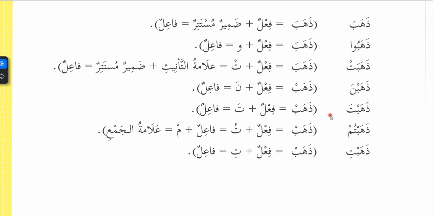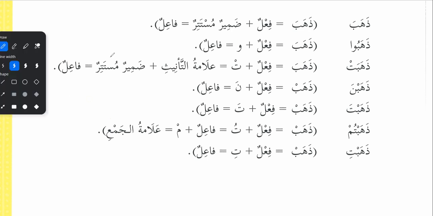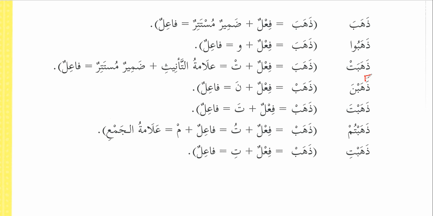As I told you, if you put the formula of jumla failure here, we have the fail and nunun niswa is the fail. So your formula of jumla failure is complete. You have a complete jumla failure. So this is what they are trying to explain here, that this nunun niswa is the fail here. Where is the fail in the dhahabat?